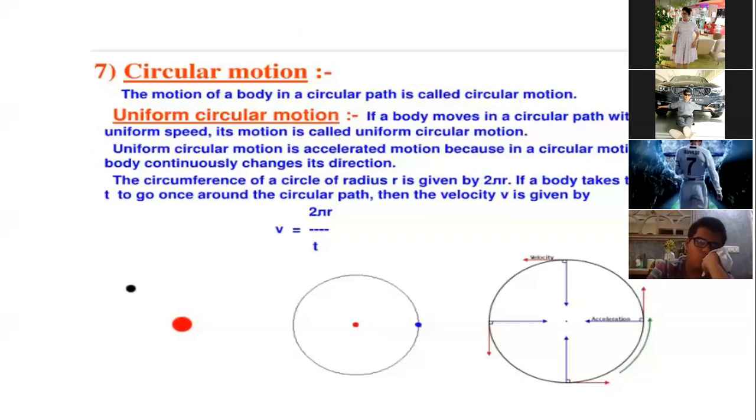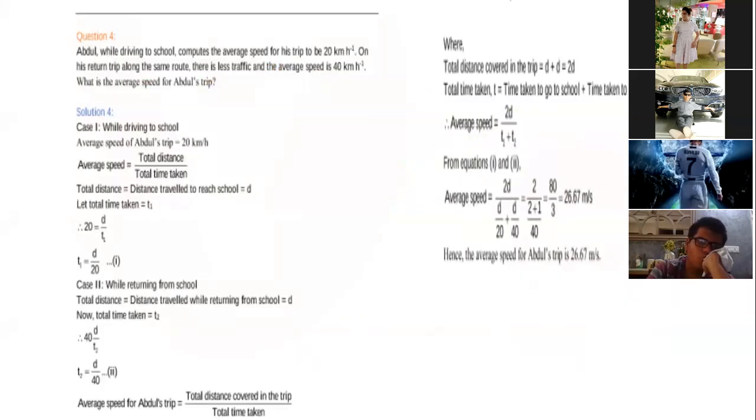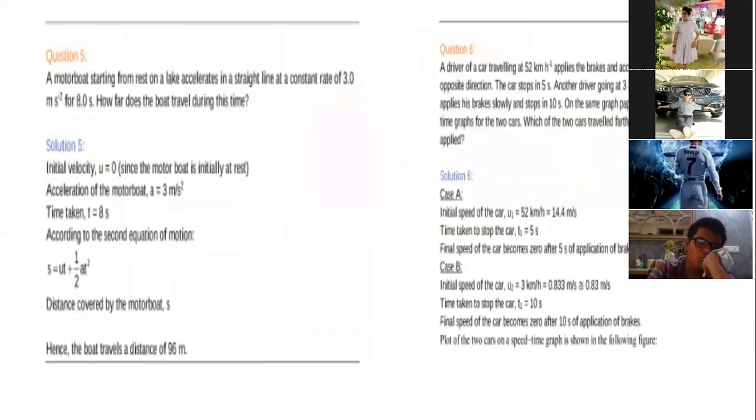I'll take a numerical based on it so that you can understand it better. Children, just see question number 5. If it is a little blurred, I'll read out the question for you. A motorboat starting from rest.